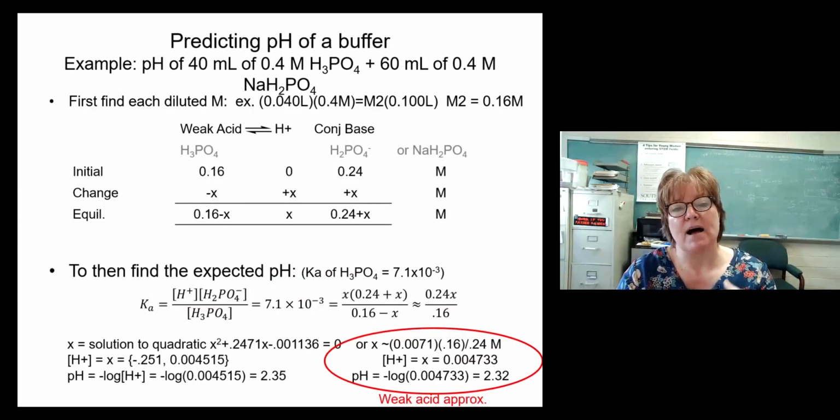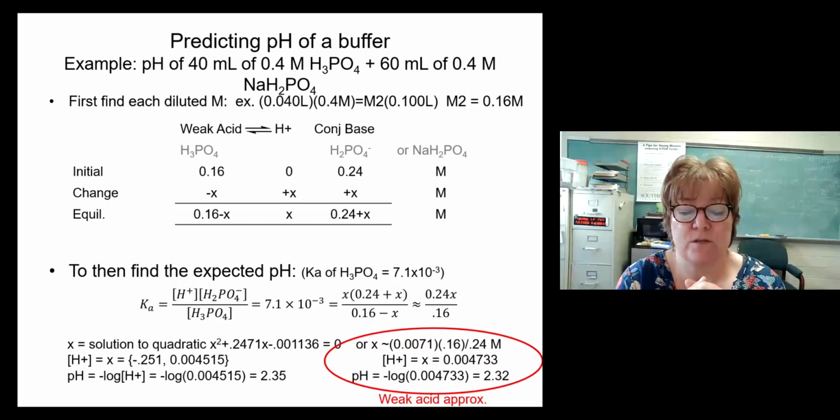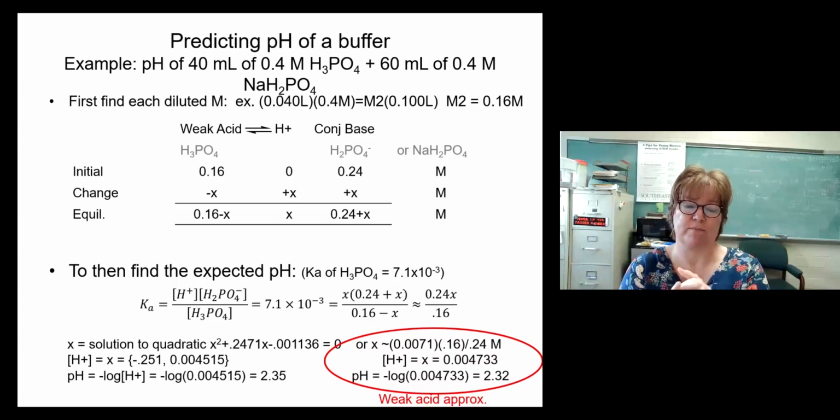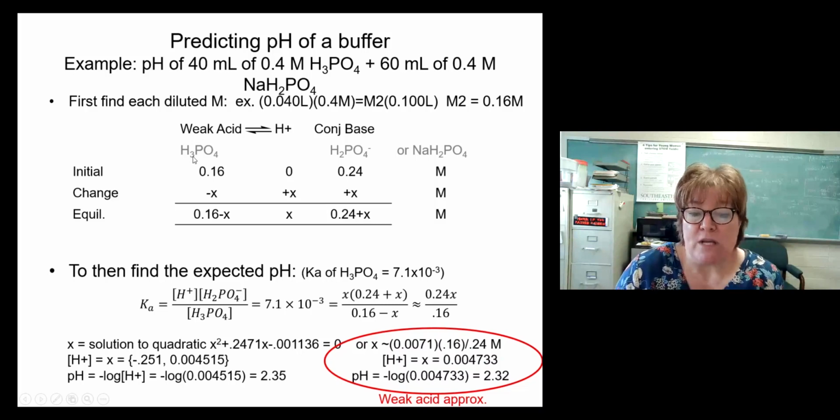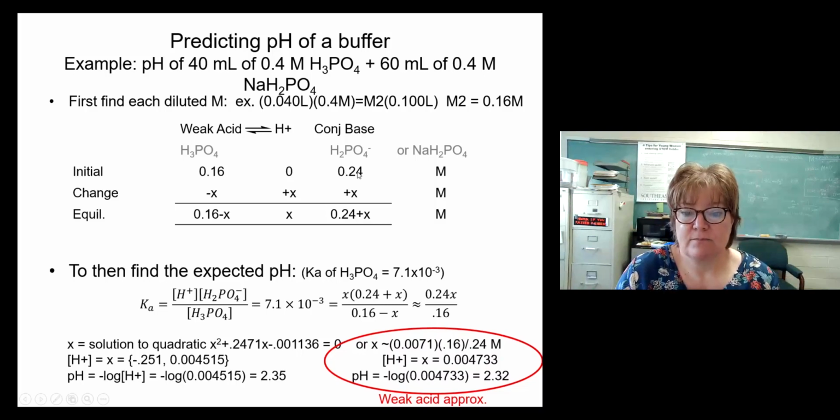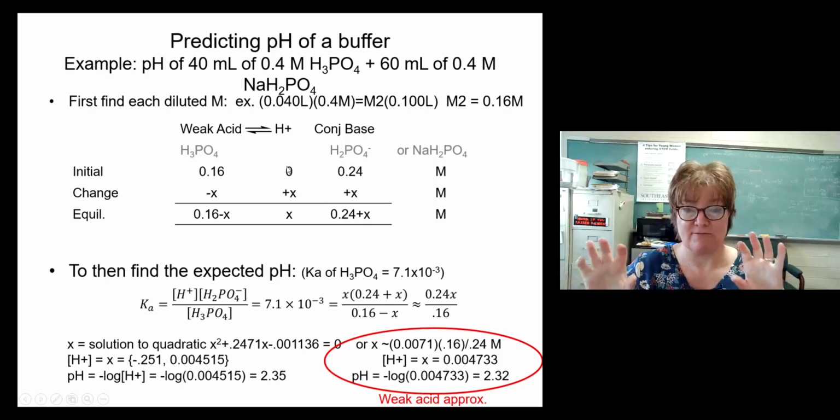We're going to talk about how you predict the pH of a buffer. I could go all the way with an ice table, and I'm going to show you a shortcut, but I want you to understand where it's coming from. I have my weak acid making its conjugate base. Note that in my ice table, I assume I've mixed these, but there has been no dissociation taking place.